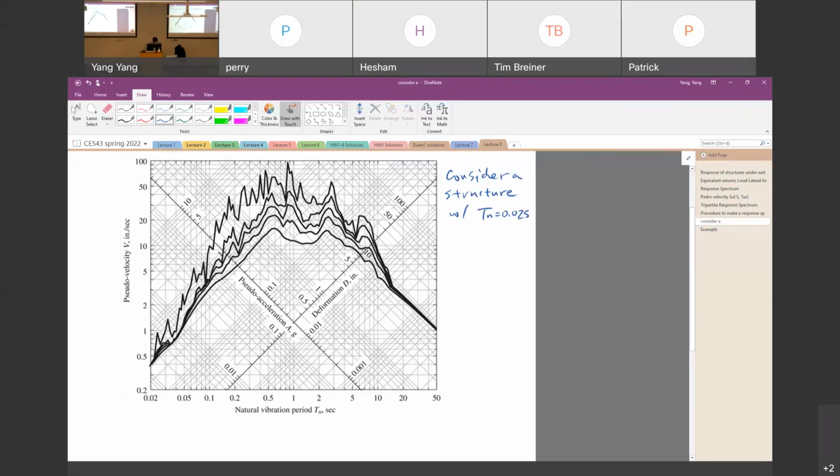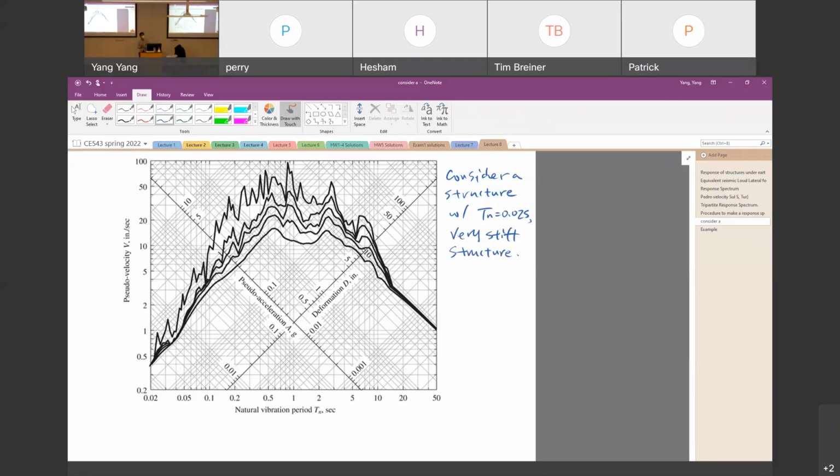If the natural period of the structure is very small, equal to 0.02 seconds, that means this structure is very stiff.